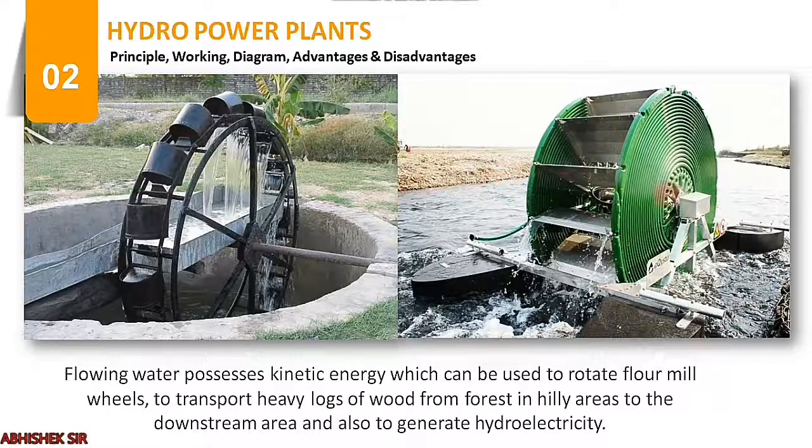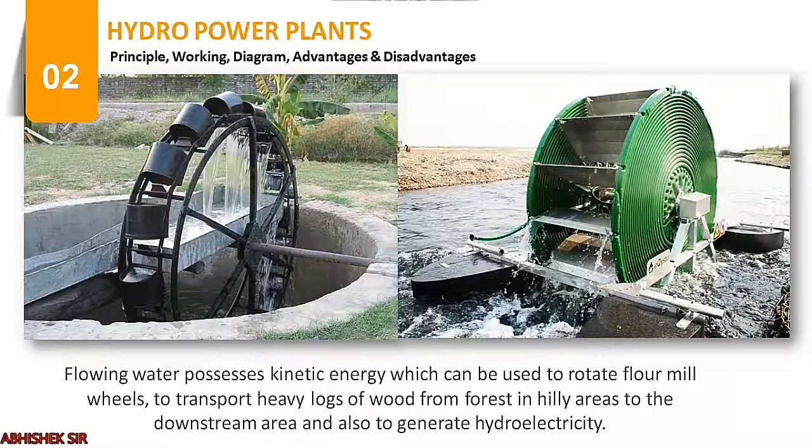On the right hand side, you see there is again a wheel which is a modified version. Right now we are using it. It is just placed near a river where the water is flowing, and using the kinetic energy, it rotates and produces electrical energy, right? So flowing water possesses kinetic energy. It can be used to rotate flour mills.